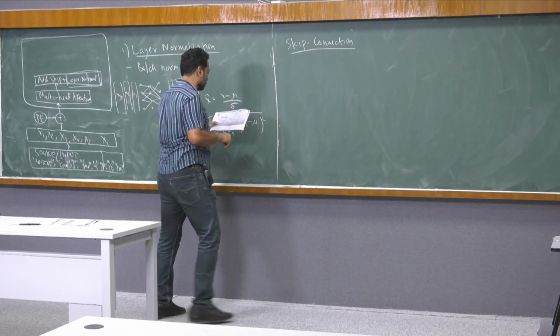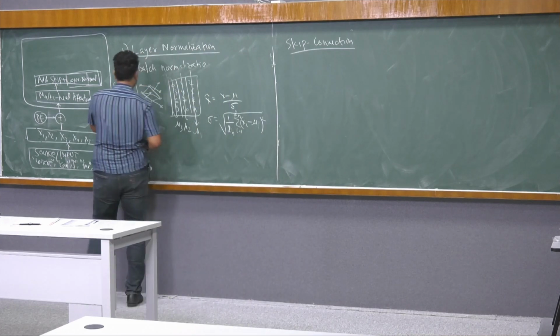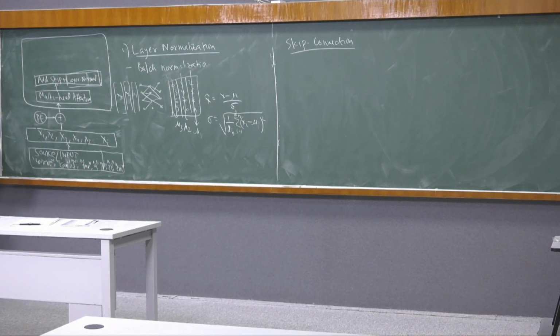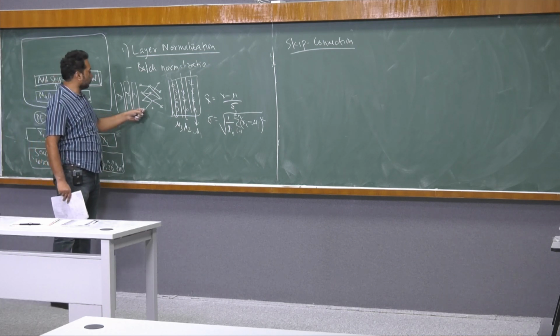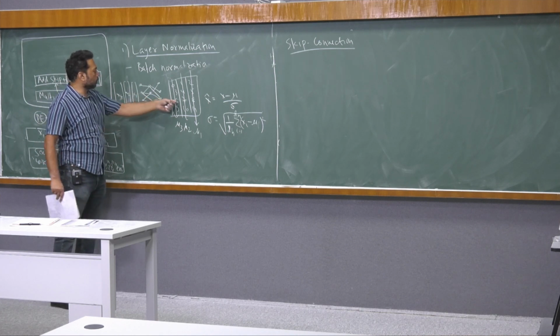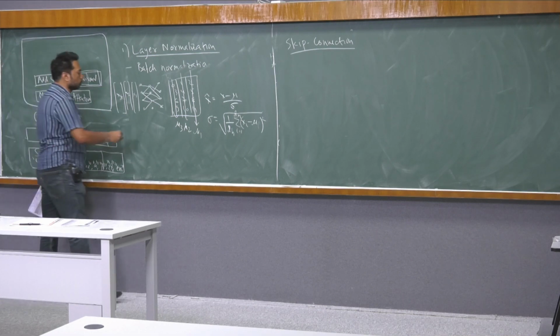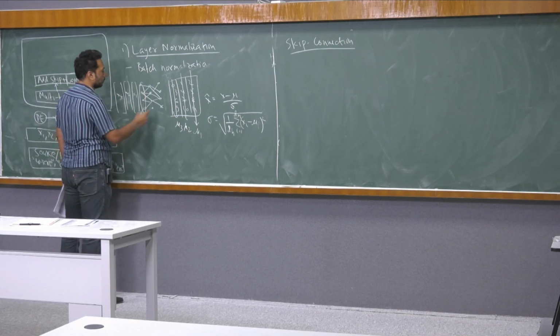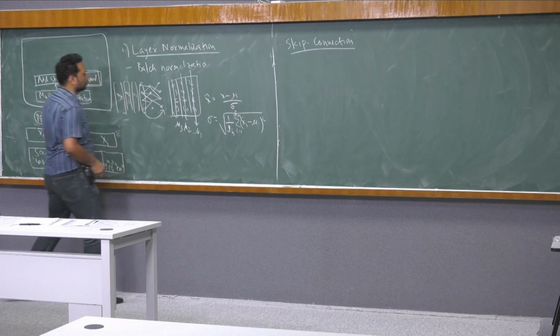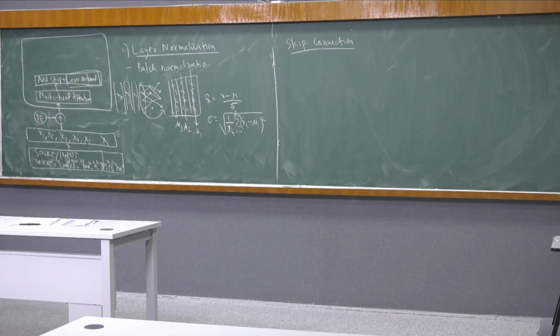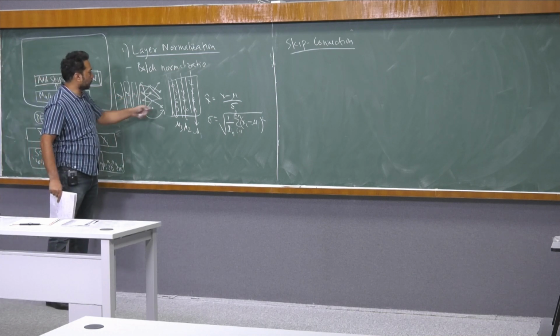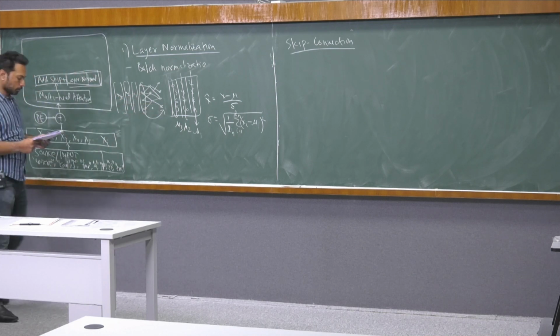The idea behind skip connection is that if you have a deep neural network, there is a possibility that the information from the previous hidden layer may not be carried well to the forward layers. So what you do is provide the information that you have in some earlier layer to a future layer as a form of input. That's why it's called skip, because you skip some hidden layers and provide the input in the future layers. That's the idea behind skip connection.